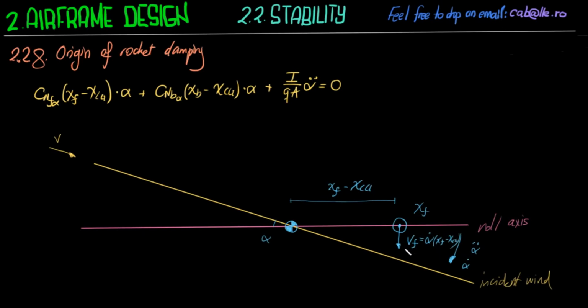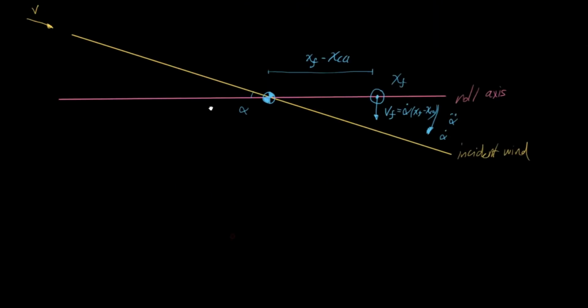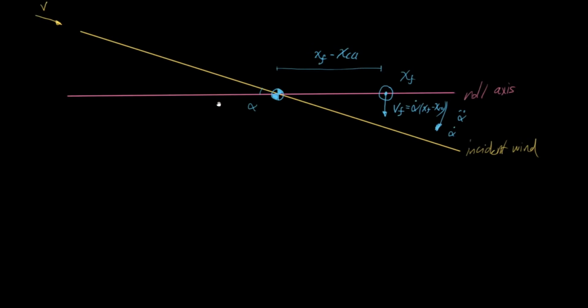So what happens is that the velocity that the fins see is not actually V, but it's V plus this VF. All right.